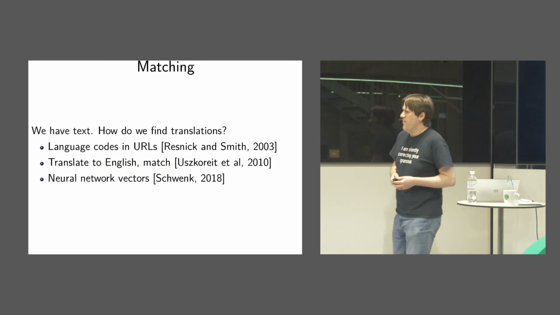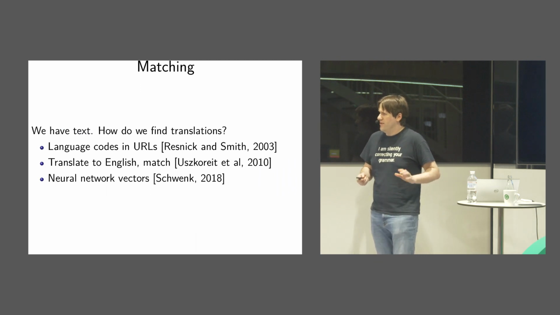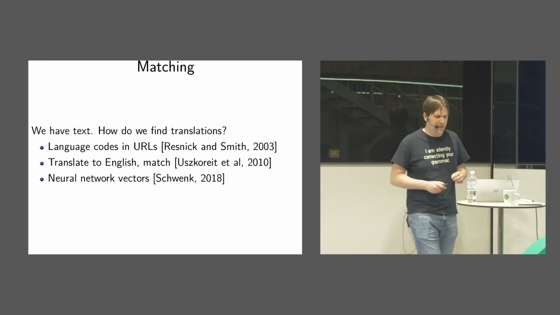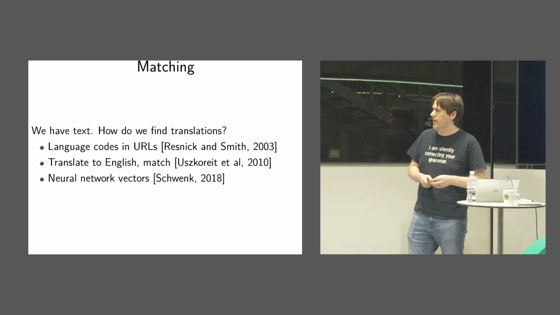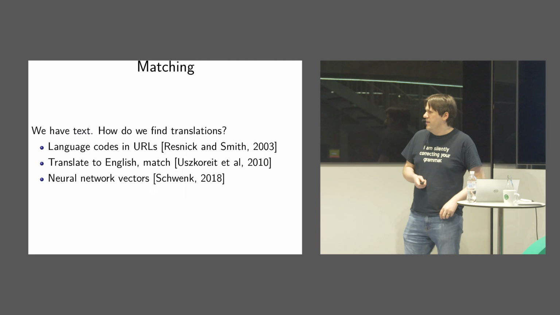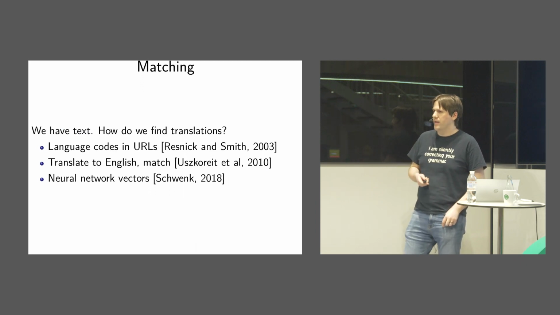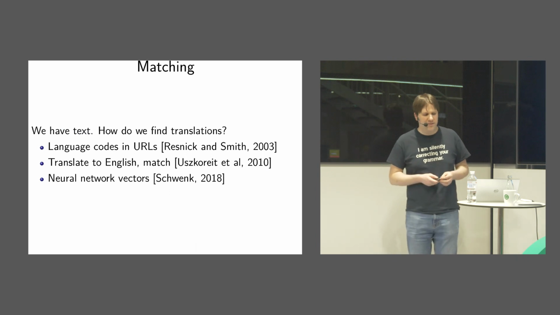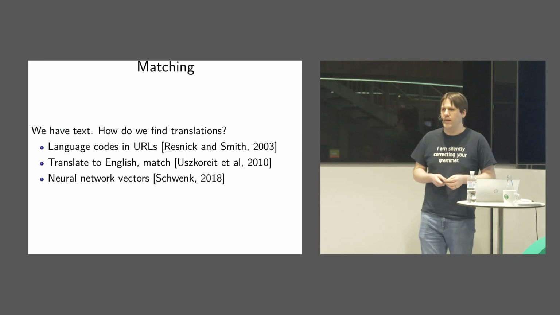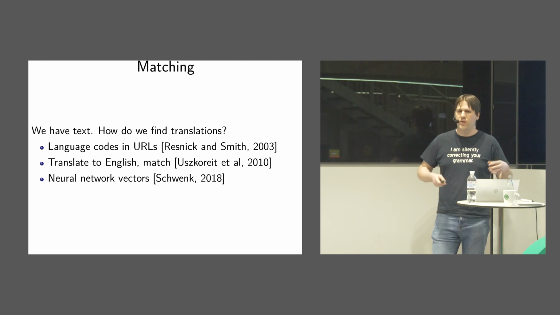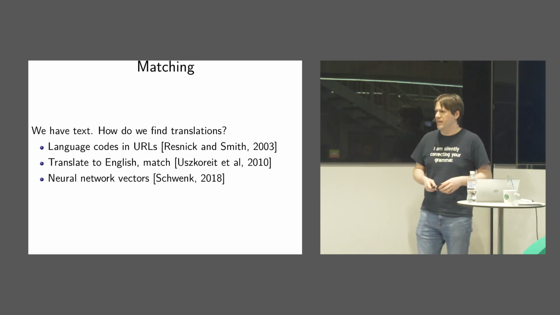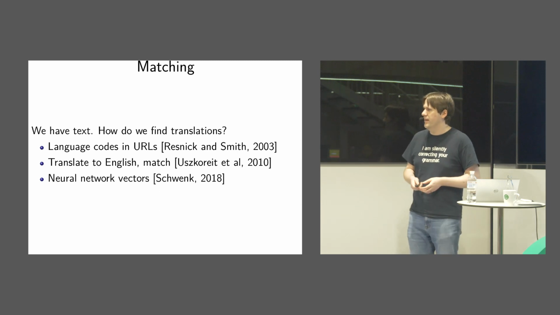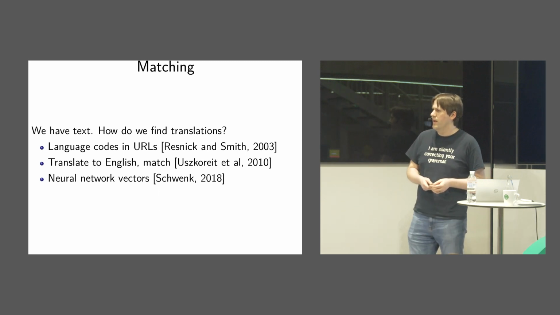So how do we match all the text once we've hopefully got it in the right language? And actually we still have like a 4% problem with the wrong language. There's been a lot of work on this. So the early work that is fast but doesn't necessarily find all the data is you look for language codes in the URL and hope that there's a lang equals en, lang equals is, and then you have Icelandic English parallel corpora.